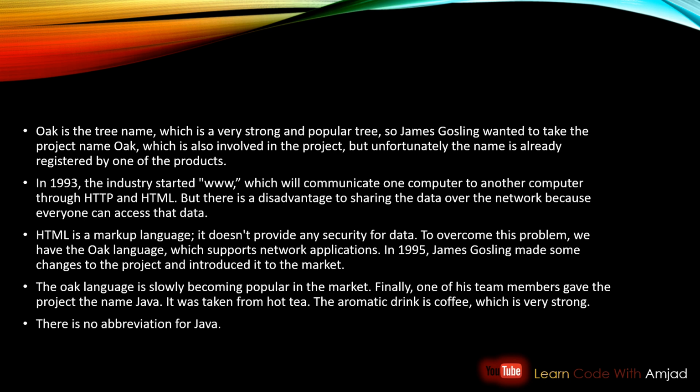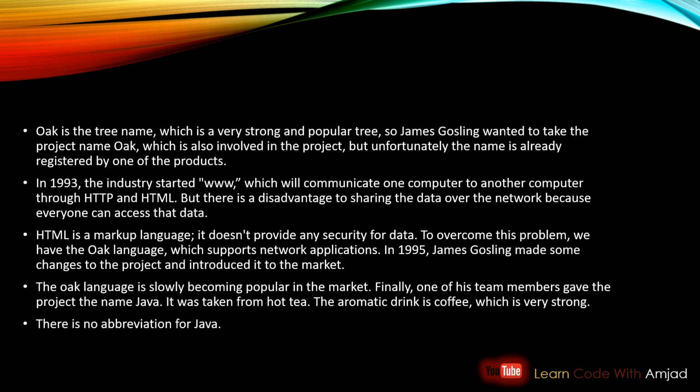To overcome this problem, we have the Oak language which supports network applications. In 1995, James Gosling made some changes to the project and introduced it to the market. The Oak language slowly became popular in the market. Finally, one of his team members gave the project the name Java.